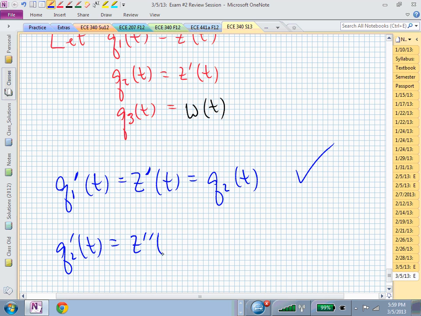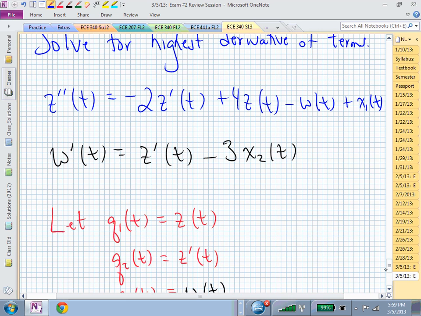The way we defined q sub 2, that's just z double prime, but we've now found that to be this four-termed right-hand side. And let's now see if we can replace all of these pieces with state variables. And we can.